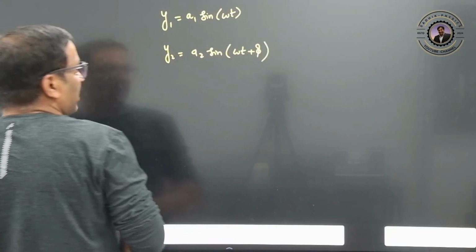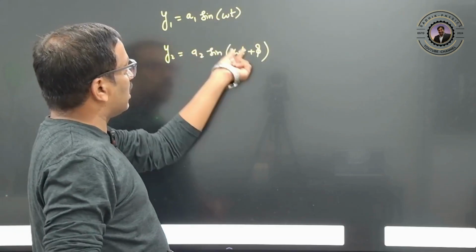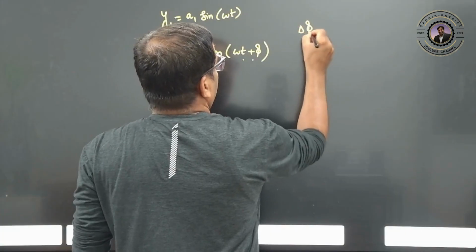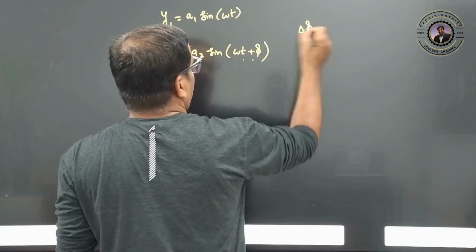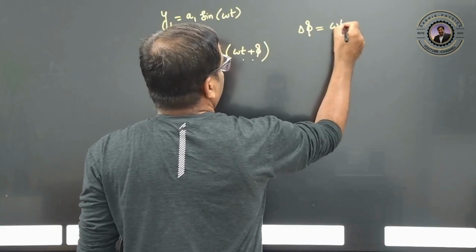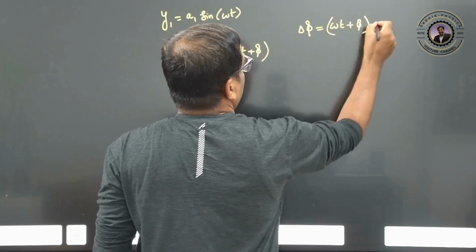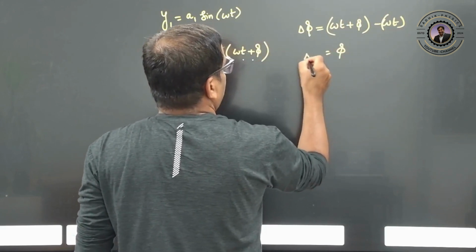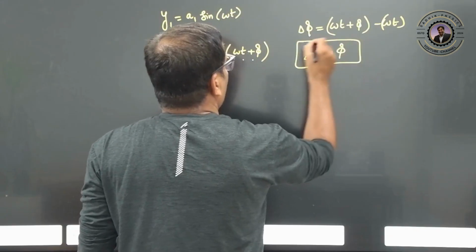What will be the phase difference now? This is the phase and this is the phase. So the phase difference can be written as (omega t plus phi) minus omega t, which is nothing but a constant.